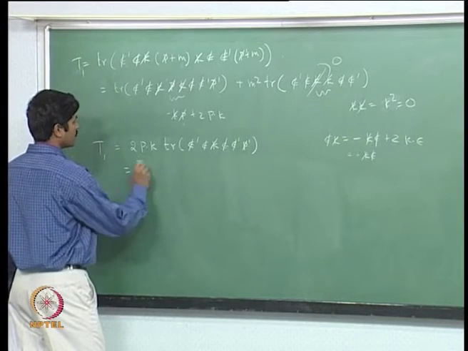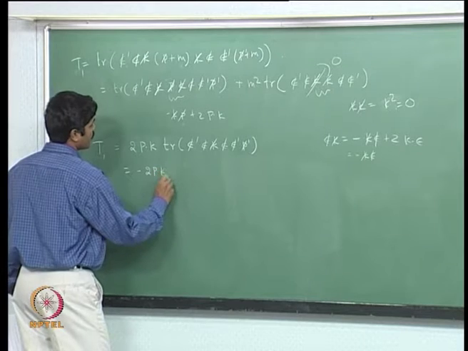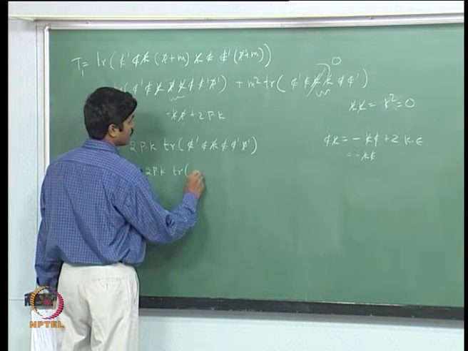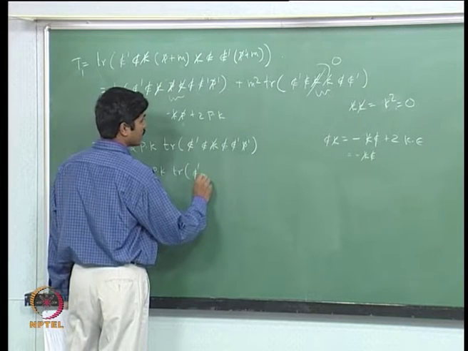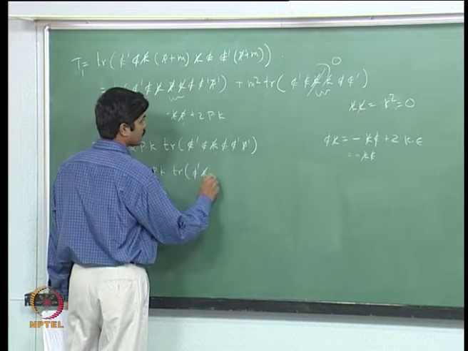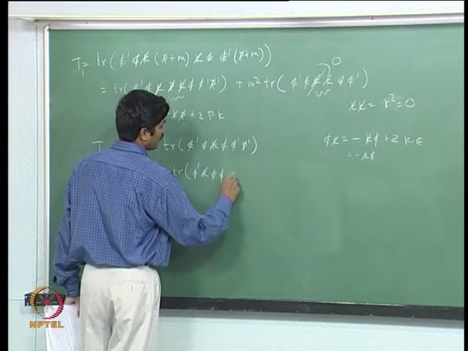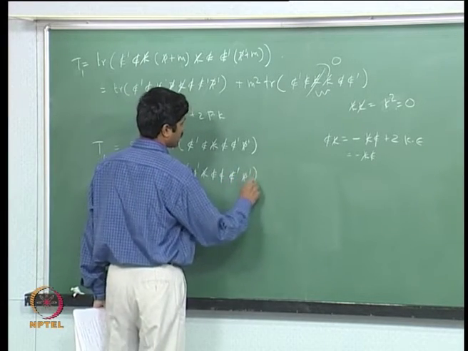So, we can use this relation, then this is minus twice p dot k trace of epsilon prime slash k slash epsilon slash epsilon slash epsilon prime slash p prime slash.